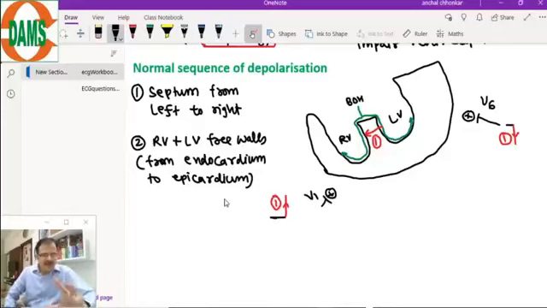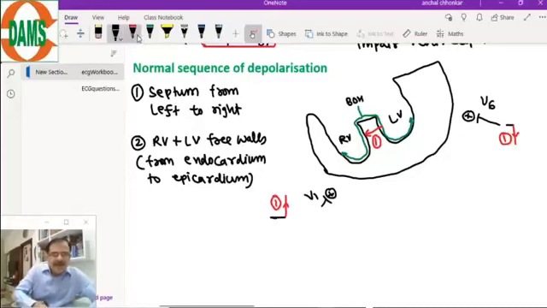They will depolarize almost simultaneously. Why is the vector going towards the right? Because the septum depolarized from left to right, because the septum takes the impulse from the left bundle. Now, this is the number 2 event, almost simultaneous: free walls, endocardium to epicardium.